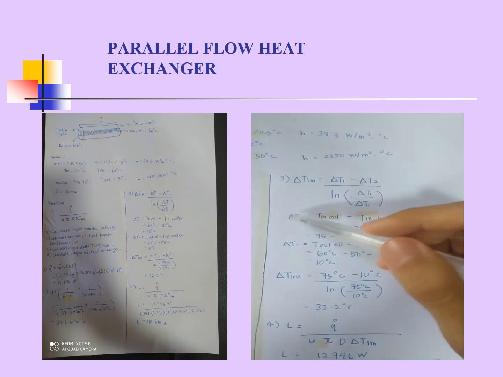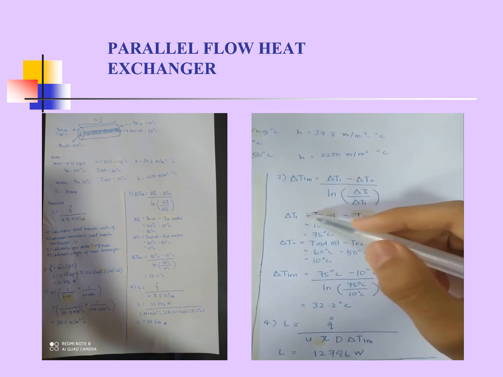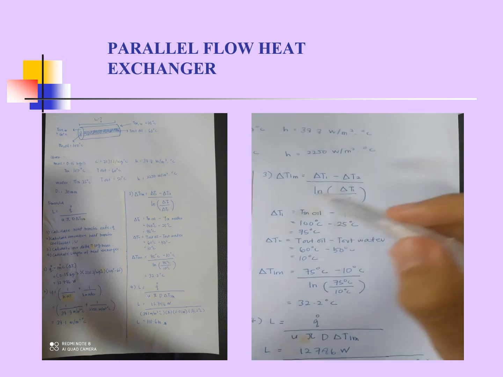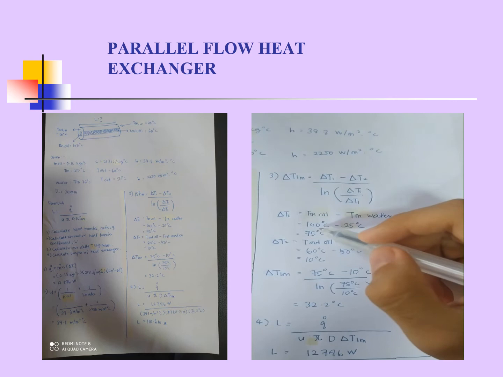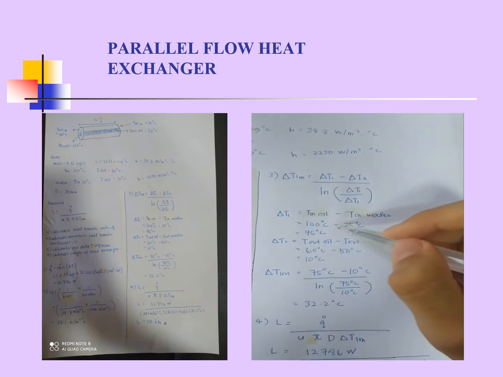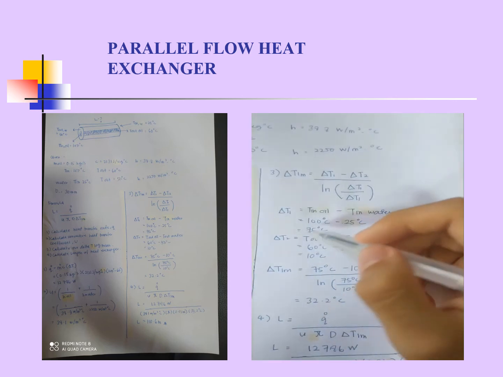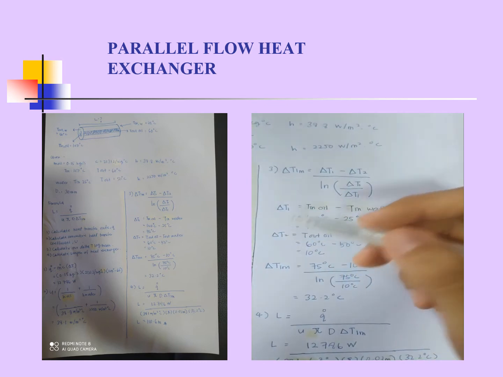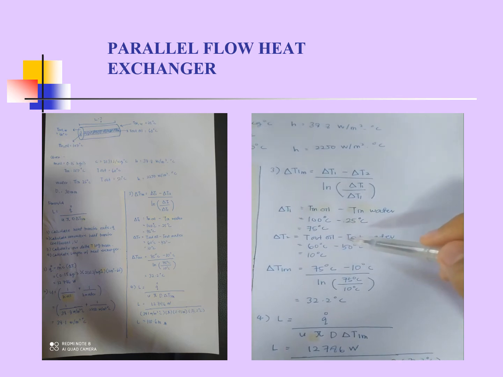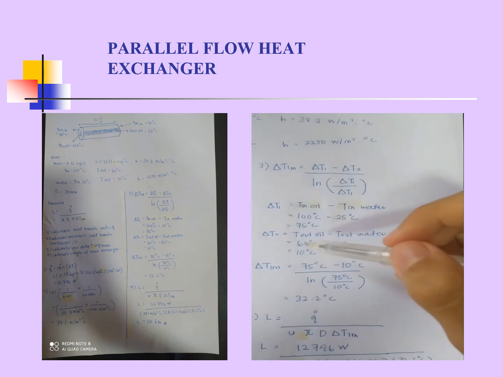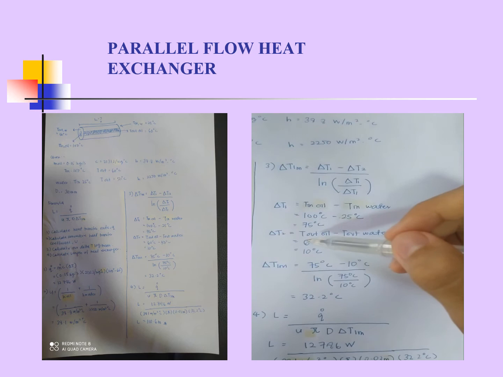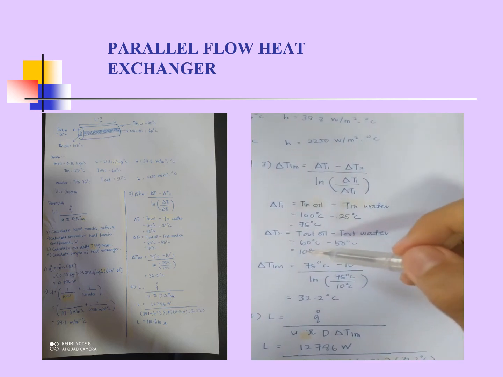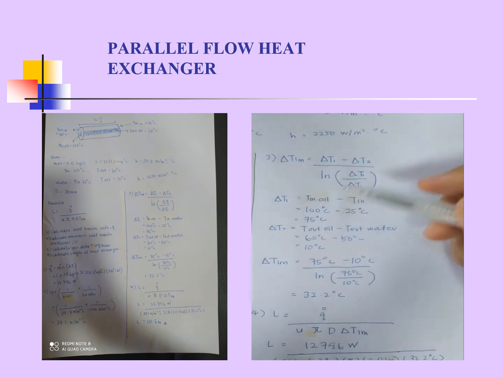Delta T1 equals T in oil minus T in water. So 100 degrees Celsius minus 25 degrees Celsius, and we get 75 degrees Celsius. Delta T2 is T out oil minus T out water. So 16 degrees Celsius minus 15 degrees Celsius, and the answer is 10 degrees Celsius.